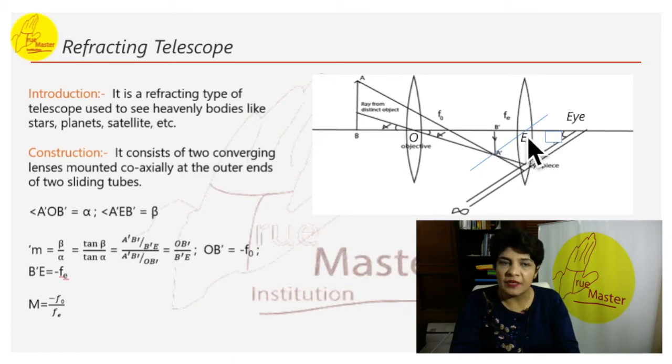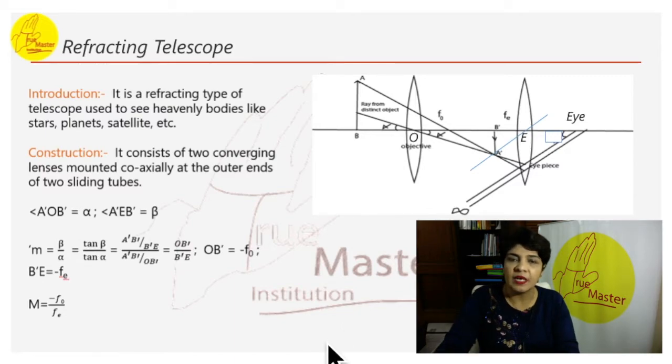M is equal to, what is M? Magnification. Magnification is equal to angle beta by alpha. Or instead of writing beta by alpha, we can write tan beta by tan alpha. So what is tan beta? Tan beta is perpendicular by base.